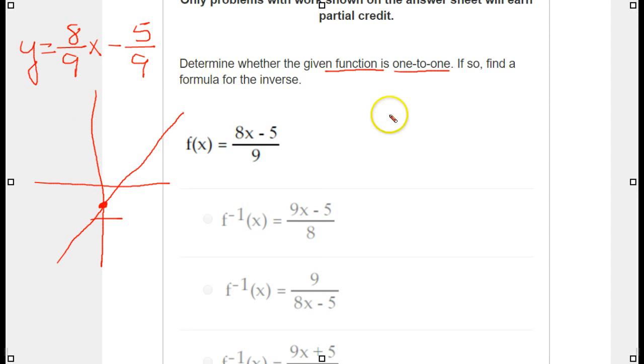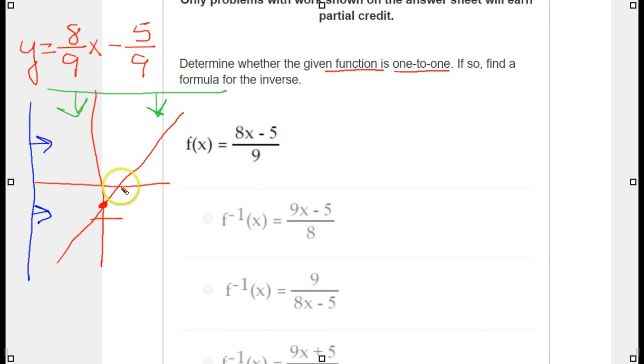Now, does this pass the vertical line test? And the answer is yes. Now, does it pass the horizontal line test? And the answer is yes. So they are saying it is a function, and we have to see if it's one-to-one. That's the horizontal line test. It does pass it. So yes, this is one-to-one.